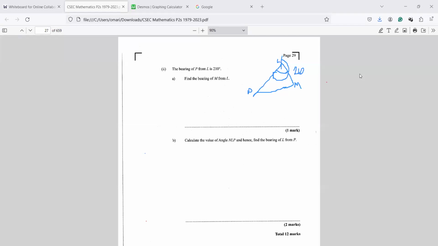It would be 210 minus the 82.8 that we got before.